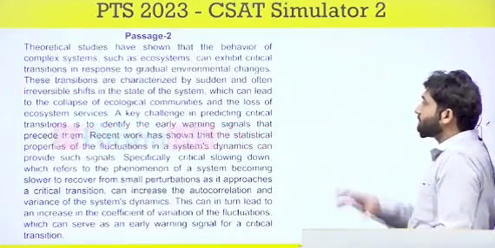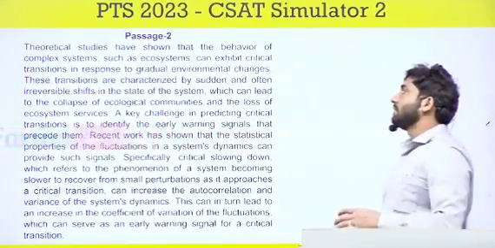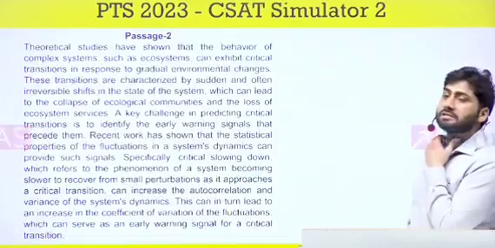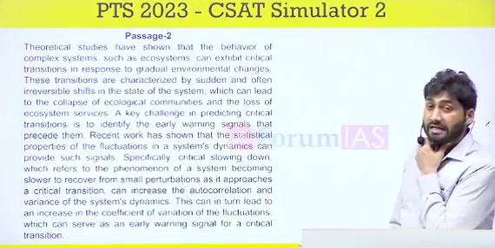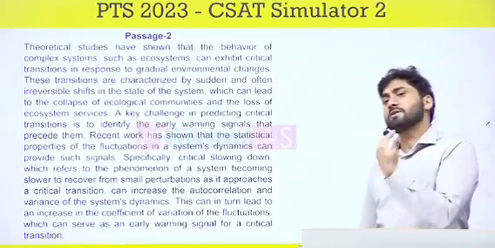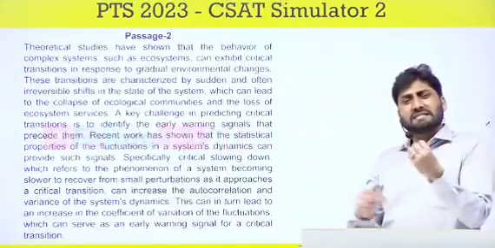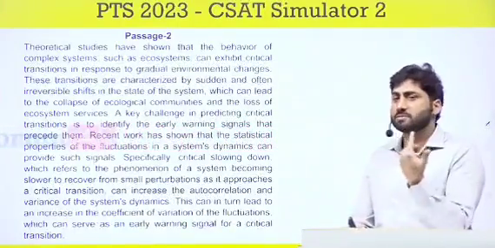So here, the author talks about the theoretical studies which show the behavior of all the complex systems and gives the example of ecosystem as the complex system, because there are a lot of interdependencies and complexities in an ecosystem as well, right?